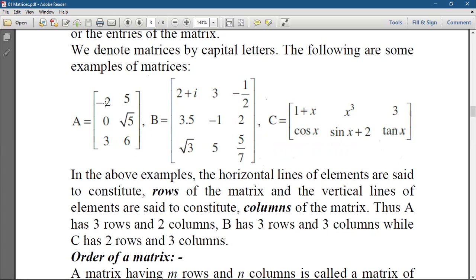Similarly here, 2, minus 2 and root 5 are the diagonal elements, but row 3 doesn't come to the diagonal element. That's why it is not a diagonal matrix. B is a diagonal matrix, A is not a diagonal matrix, C is also not a diagonal matrix.